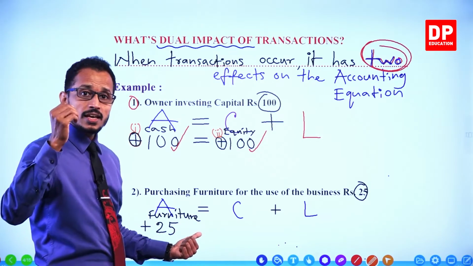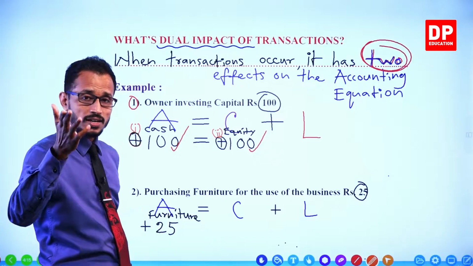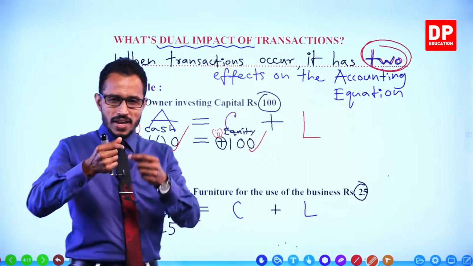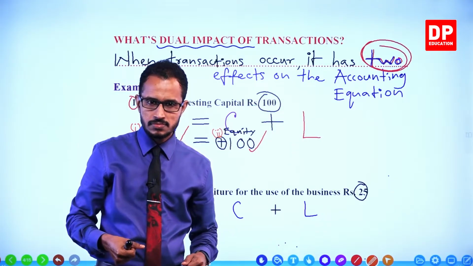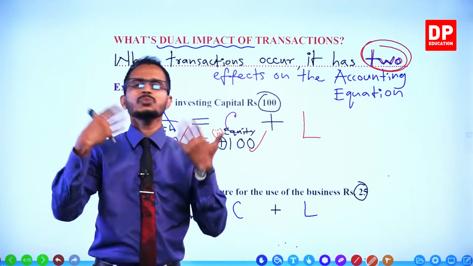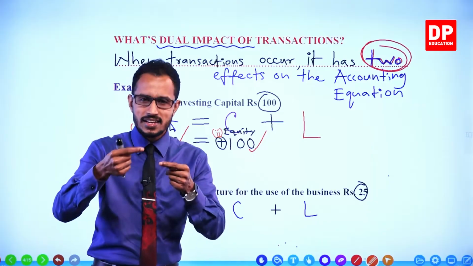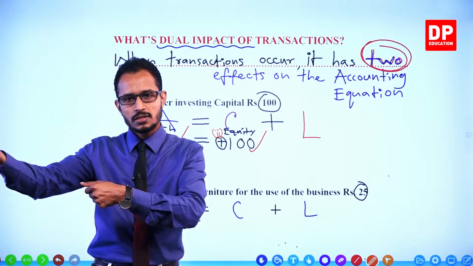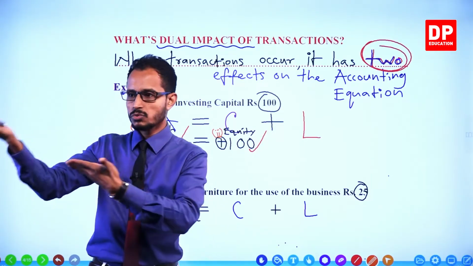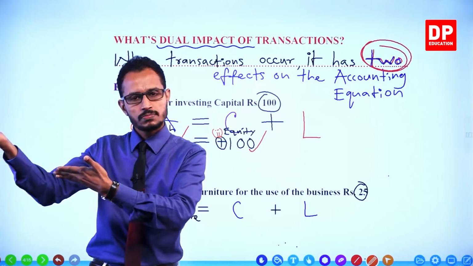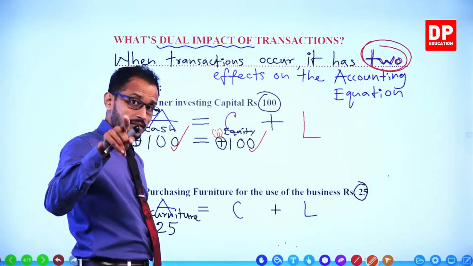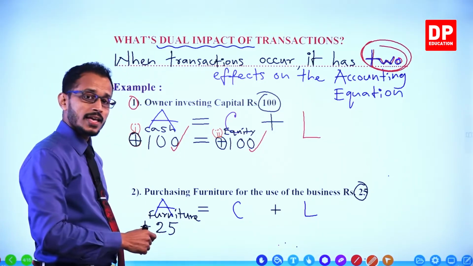Furniture increased. What is the second impact? We spent cash. Cash went out of the business, children, because the cash we had is spent. That is an asset, and the cash asset went out. Cash outflow. So the cash asset decreases. Both entries should be under assets.